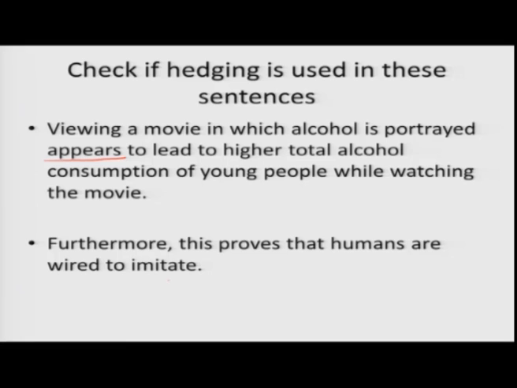The word which you need to focus on is this, proves. What does prove mean? Prove is a very high level of certainty. For example, we use it in legal cases. This proves that X is the culprit. It is a very high level of certainty.